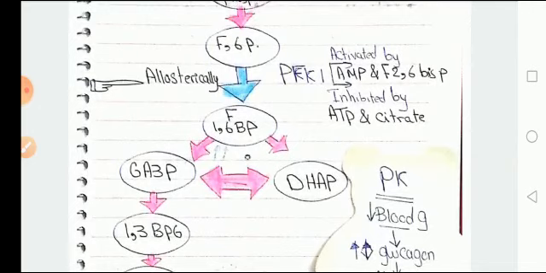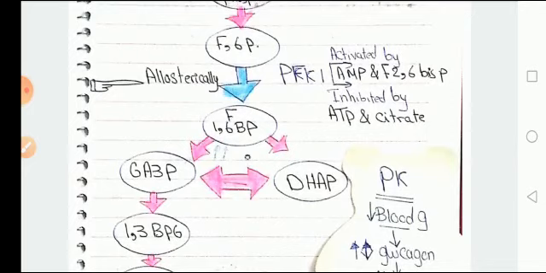I no longer need glycolysis. Also citrate. Citrate is an intermediate in the TCA cycle. Presence of high concentrations of citrate means that high concentrations of ATP would be produced and I no longer need this glycolysis.